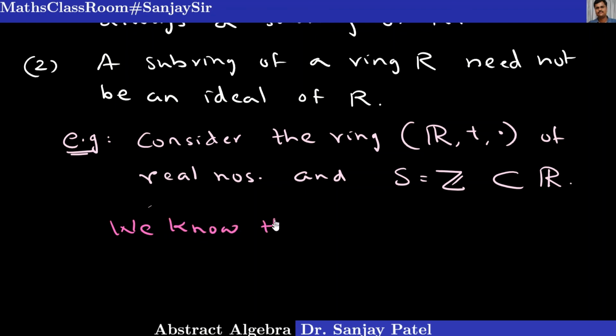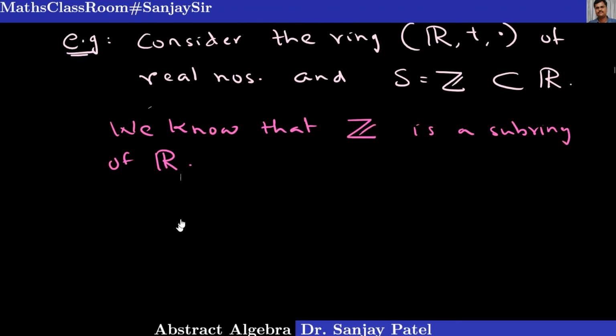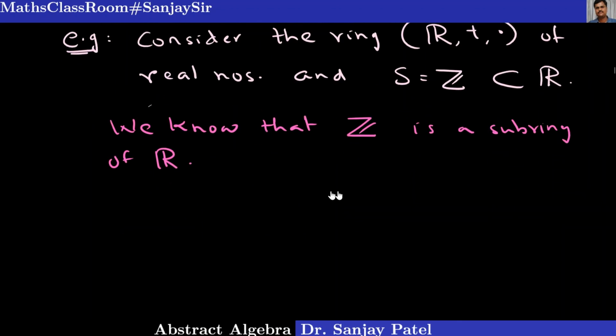We already proved that. Z is a subring of the ring R. But it is not an ideal.